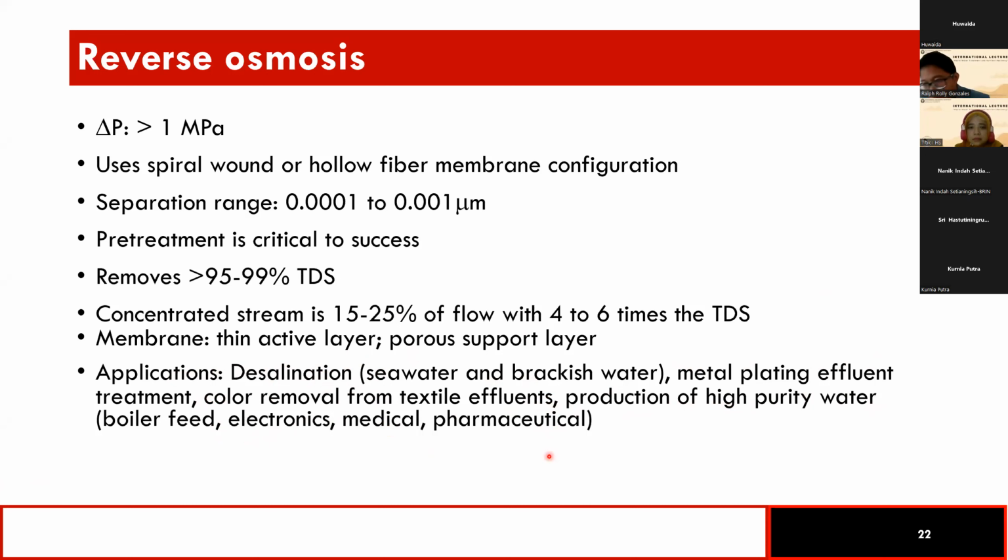Typically, all over the world, RO or reverse osmosis is applied to produce fresh water from seawater. Currently, there are many seawater reverse osmosis or SWRO plants all over the world, typically in the Middle East.